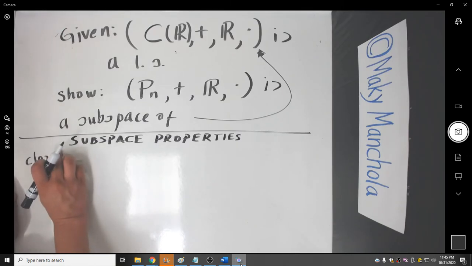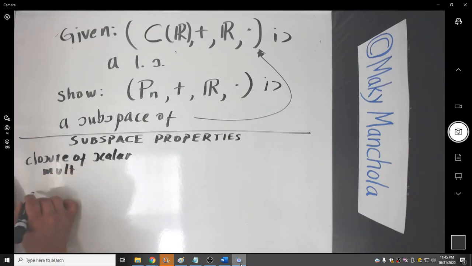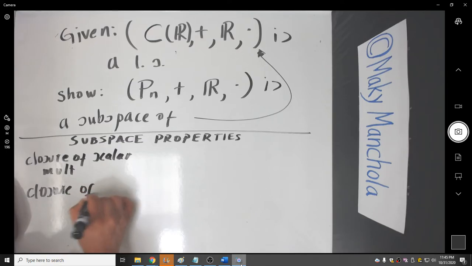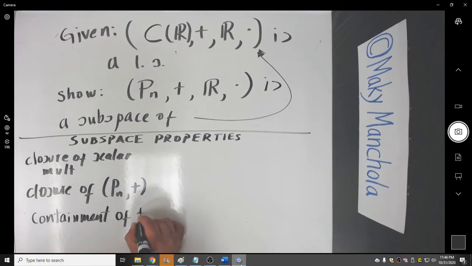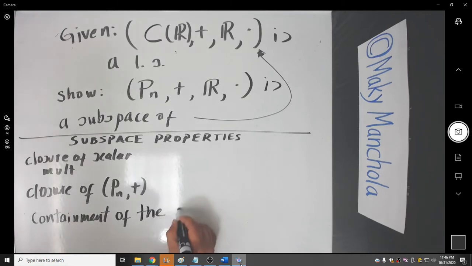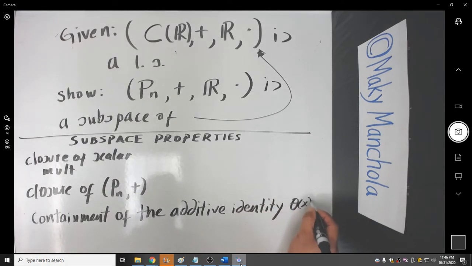Closure of scalar multiplication, closure of Pn under addition, containment of the additive identity, in this case theta of x equals 0.